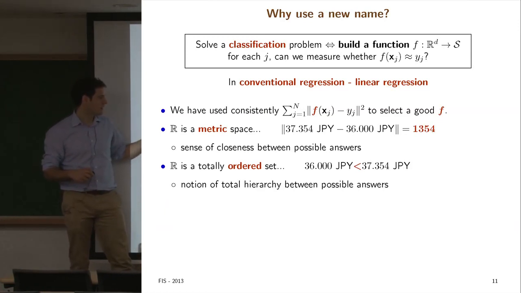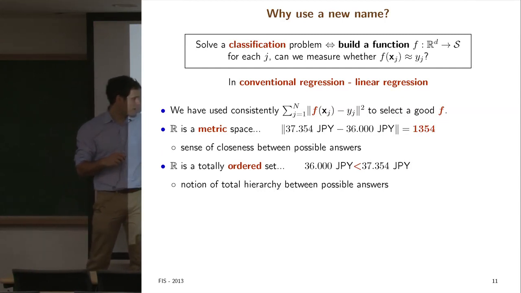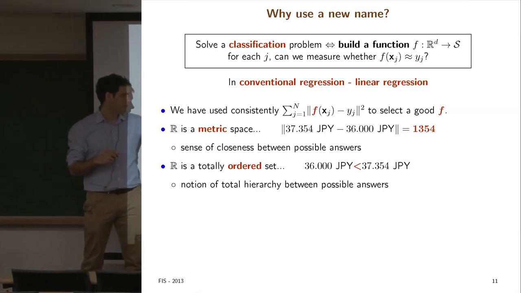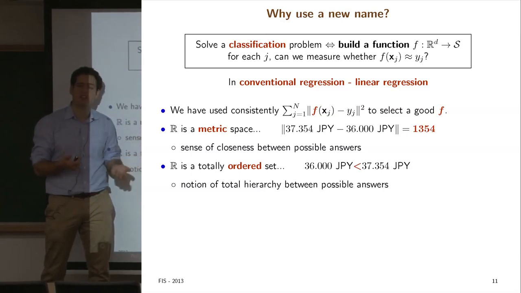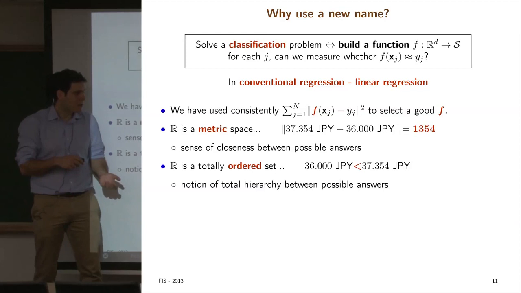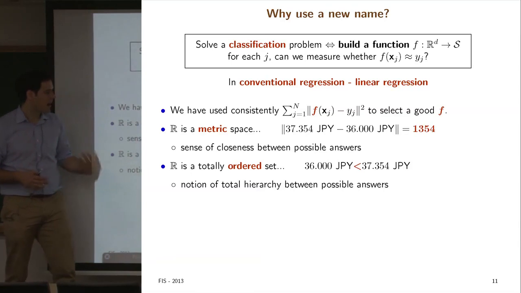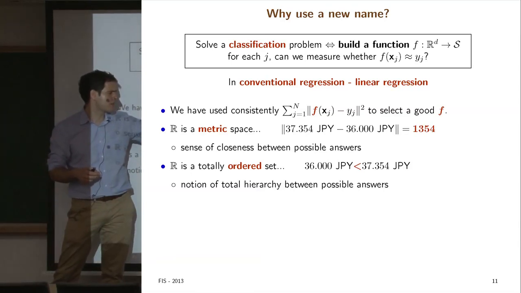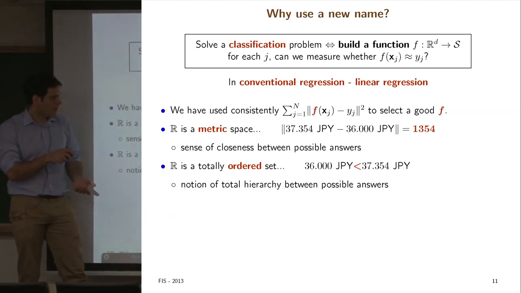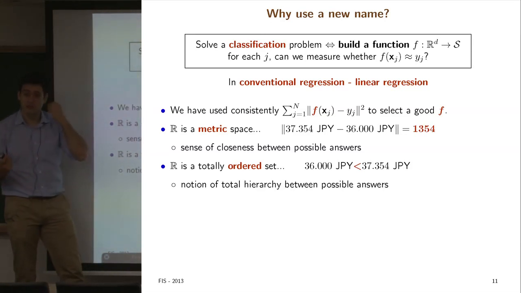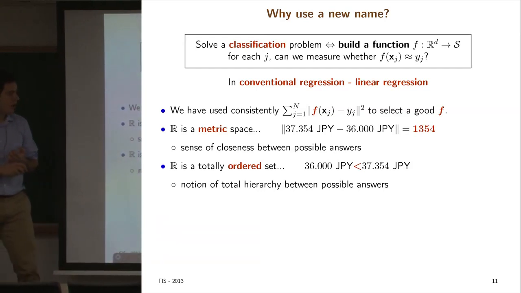If you want to predict rents, for instance, if I predict 37,354 yen for the rent of an apartment, and actually the real rent was 36,000 yen, well, you can quantify this difference as being 1,354, and it's not too bad. If my prediction had been 36,200 yen, it would have been an excellent prediction, right? So that quantity, the difference, the absolute value, whether you square it or not, is probably a good measure of how wrong or right my prediction is.